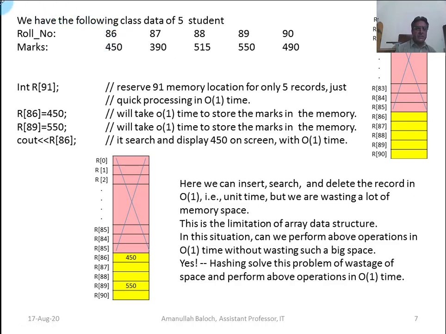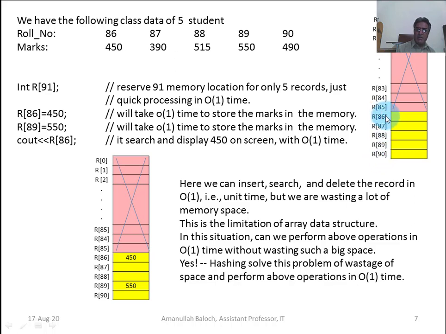where the marks of the student having roll number 86, and I also want that because an array is accessed through its index, so it should be the index of an array. This index is available at this location, and we know that we cannot create an array from index number 86 to index number 90. This is not possible.